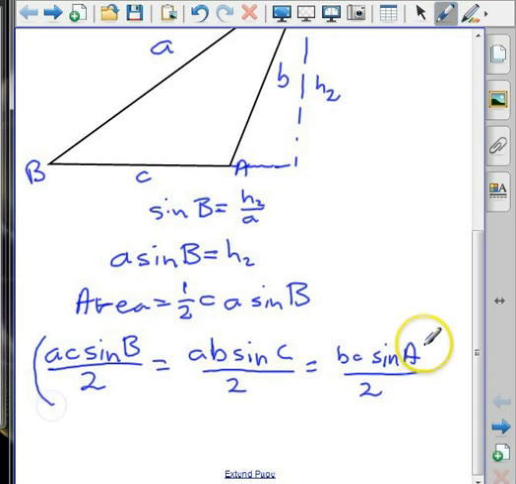What would happen if I took this three-sided equation and multiplied everything by 2 and divided everything by A, B, C?